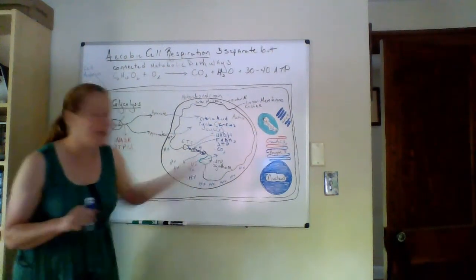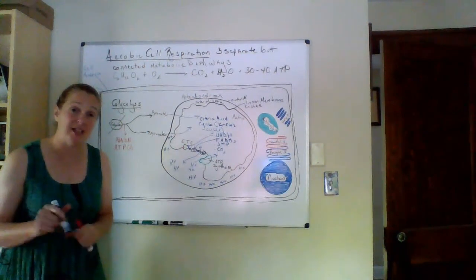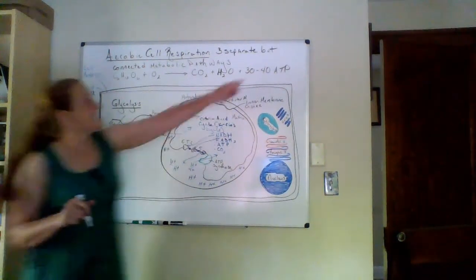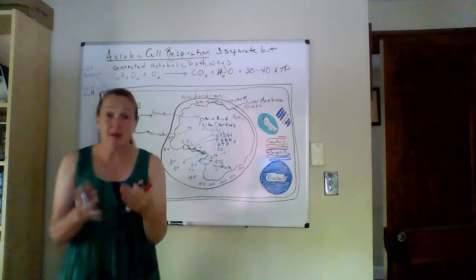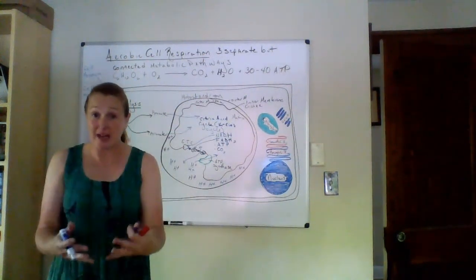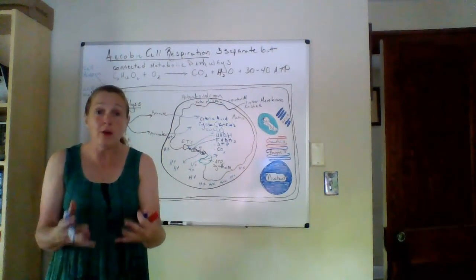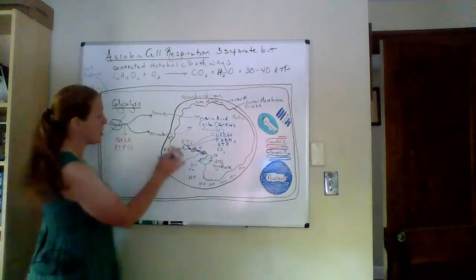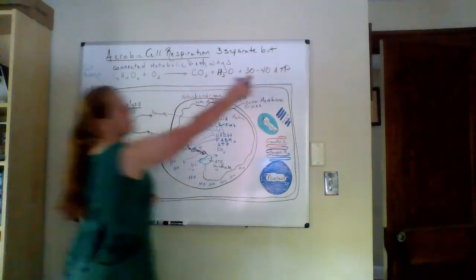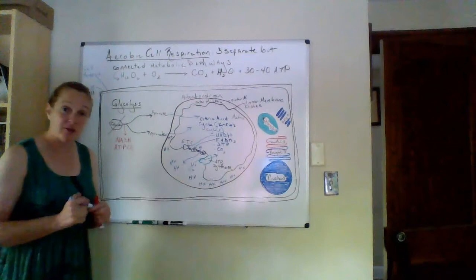This hydrogen gradient, hydrogen flowing through ATP synthase, is what gets us to that 30 to 40 ATP energy molecules. That's why I was telling you, NAD and FAD energy are really the whole point of our citric acid cycle. Because those energy molecules run our electron transport chain, which allows us to get all of that ATP energy.